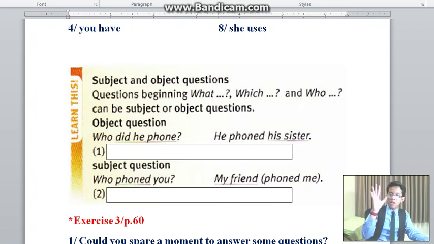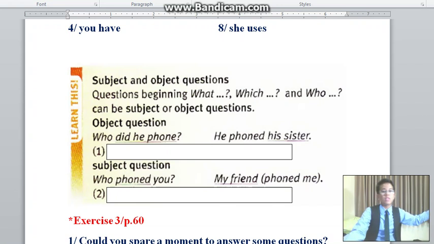They can be used as both kinds. If it is an object question, you can see it is underlined already. The question is, who did he phone? The answer is, he phoned his sister. The underlined part is who. The other part is, did he phone? In the answer, they underlined his sister. It is just an object.